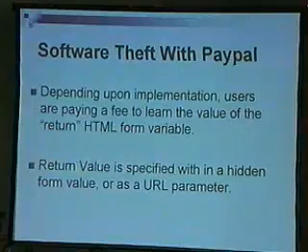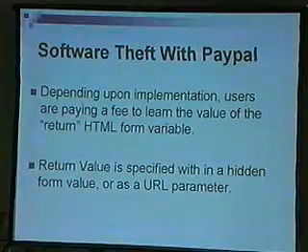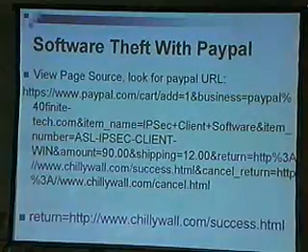Now, for software, there's a return value after you fill in the form, and that return page sometimes has what you actually are going to be paying for. Here is an actual URL that adds an item to your shopping cart, and this is for some VPN software.